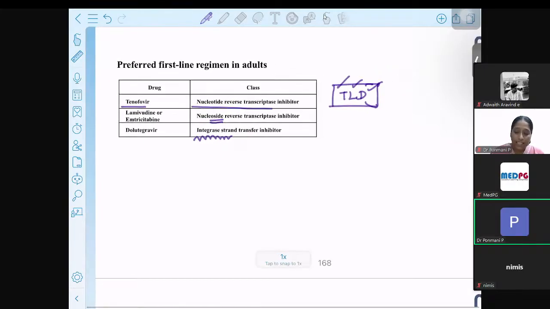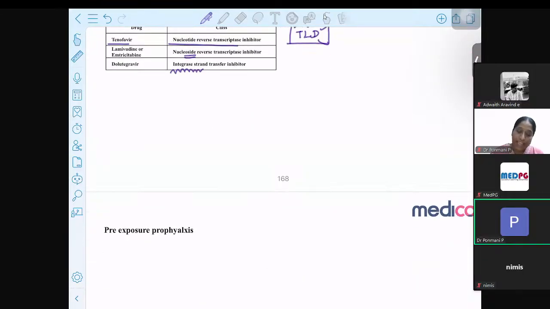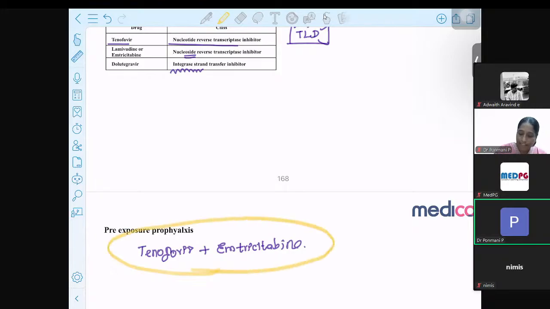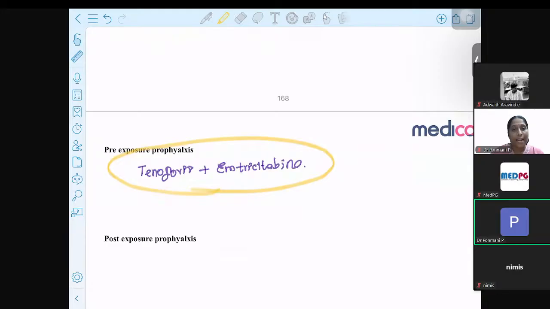But what is the regimen which is used for pre-exposure prophylaxis? For pre-exposure prophylaxis, the regimen is tenofovir and emtricitabine. Please note, for pre-exposure prophylaxis, you give dual therapy, which is tenofovir and emtricitabine.